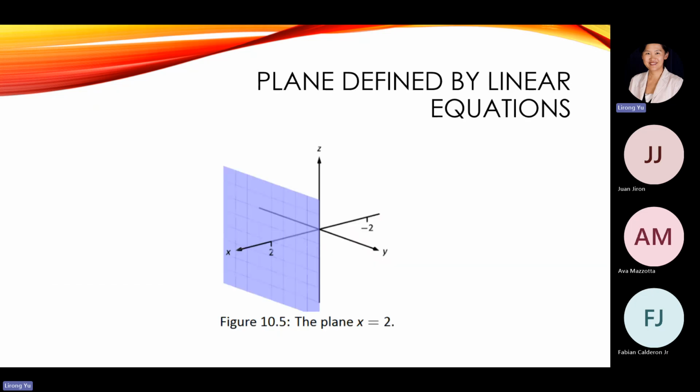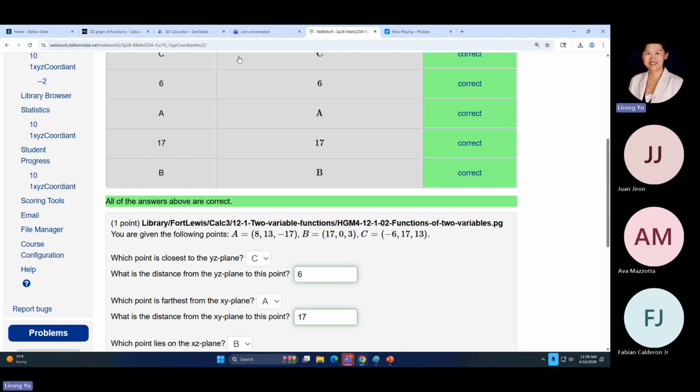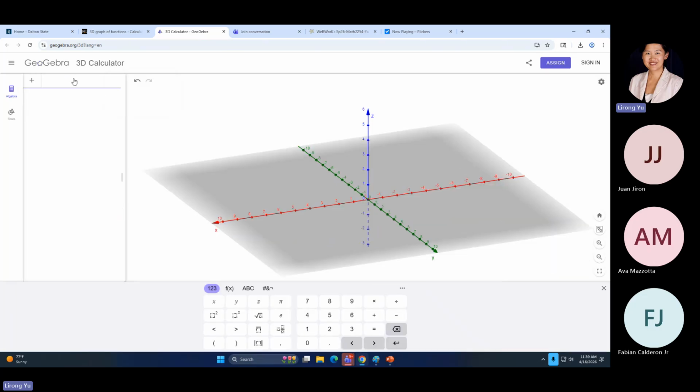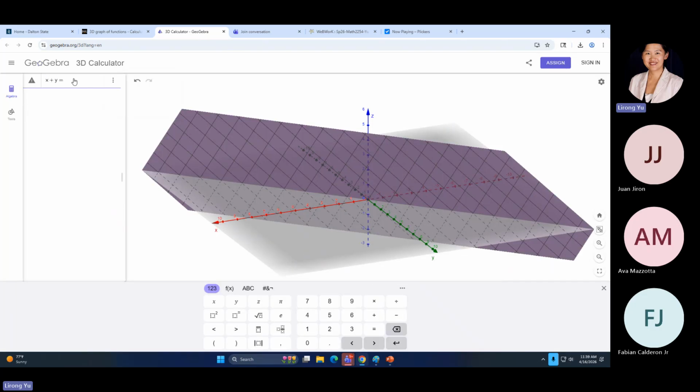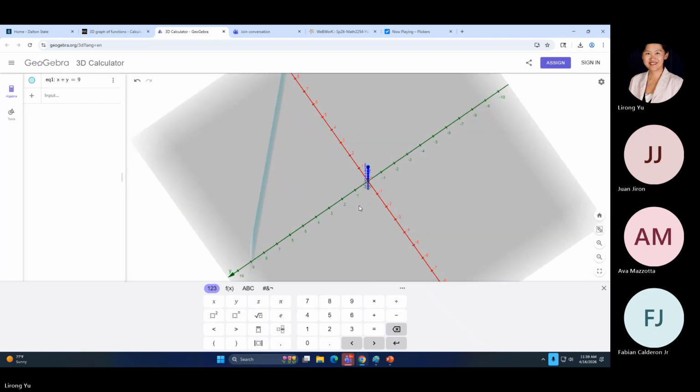All right, it's a linear equation representing a plane. The plane doesn't have to be exactly vertical or horizontal. Let me try to show a few more examples of a plane. For example, we could have x plus y equal to 9.